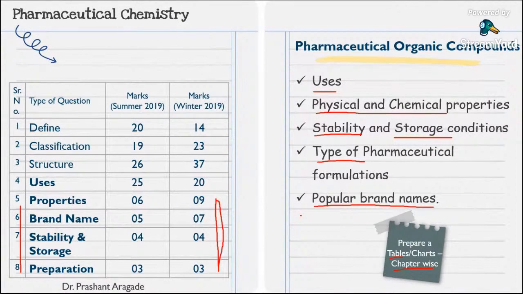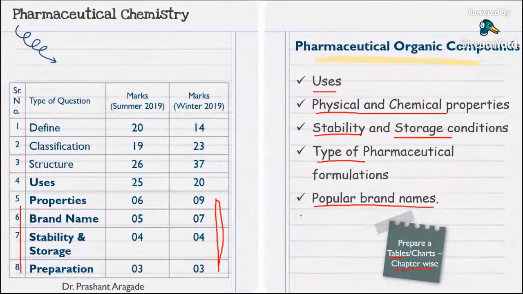So whenever you have a chance to visit the medical shop, visit it and try to learn new things which will be very useful for your pharmaceutical chemistry, for your pharmacology, for your drugstore and business management, and for your pharmaceutical jurisprudence also. So try to think differently. Try to think smartly for your study purpose, for your knowledge purpose.